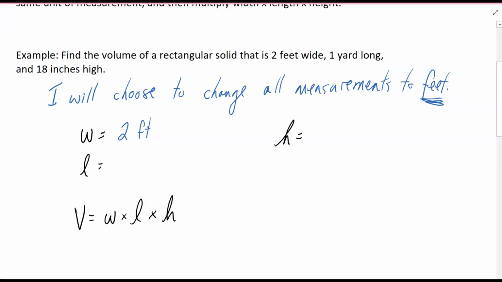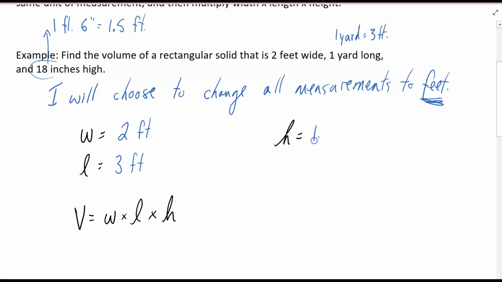The length is 1 yard. Well, 1 yard is equal to 3 feet. So the length is 3 feet. And 18 inches expressed in feet is 1 foot, 6 inches, and that will end up being 1.5 feet.